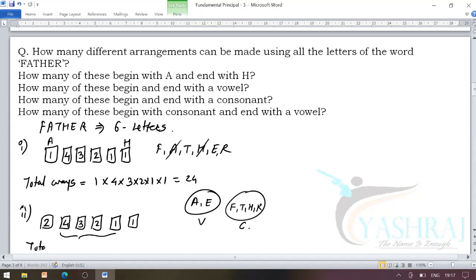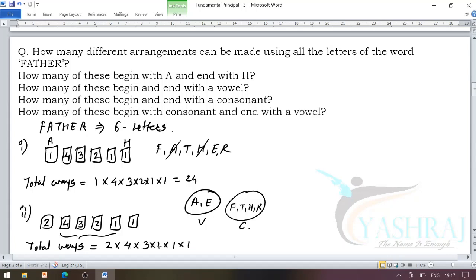So as per the multiplication principle, total ways, meaning the number of 6 letter words that can be formed using the letters in the word father that begin and end with a vowel, in short I will write total ways, as per the multiplication principle, 2 into 4 into 3 into 2 into 1 into 1.